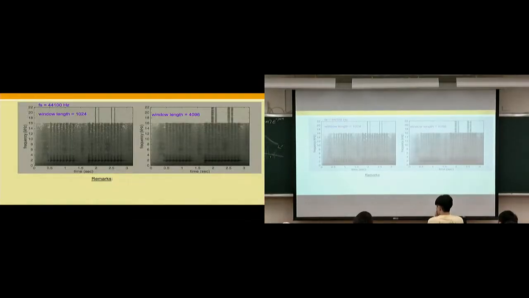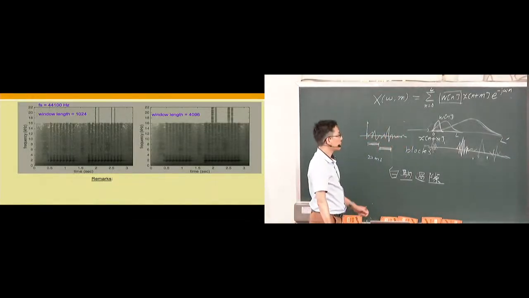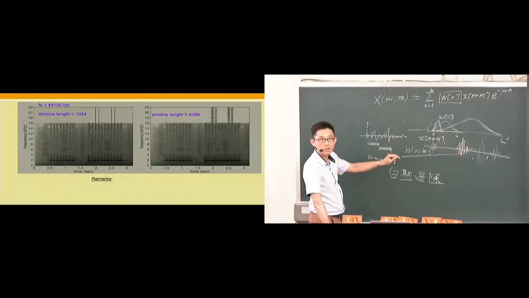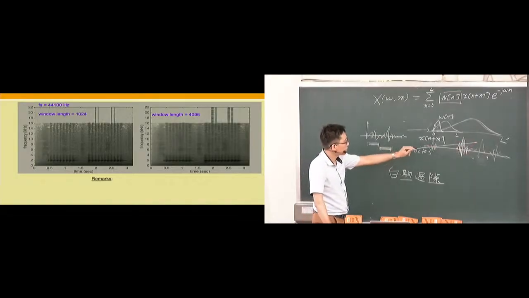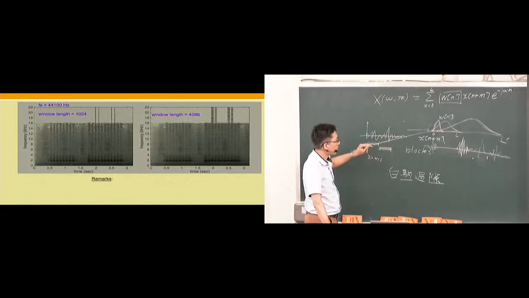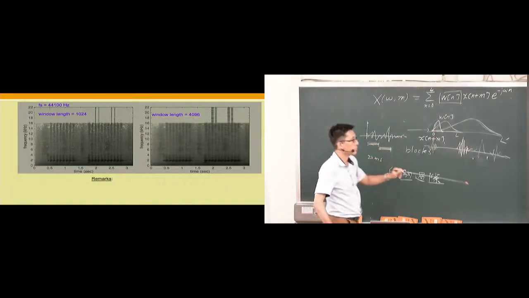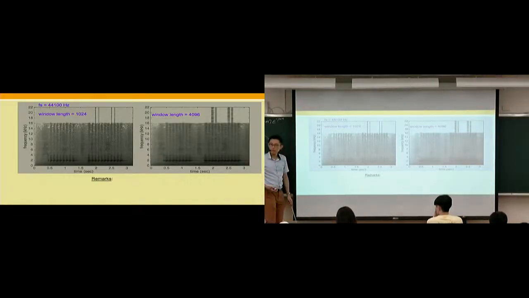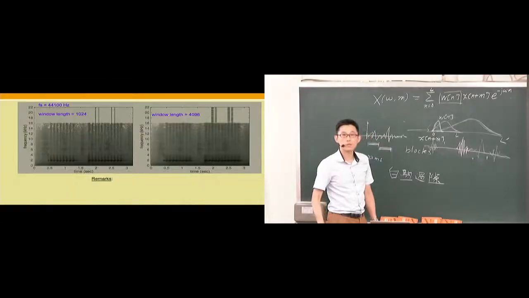You cannot exactly tell the beginning time of your signal. I'm not explaining this really well right here. Anyway, the idea is, with a long window you lose precision in time. The signal is shifting to the left, and even though the signal can be short, if you choose a window that's too long, it becomes hard for you to tell when the signal starts and when it ends. I don't feel I'm doing a good job right here.